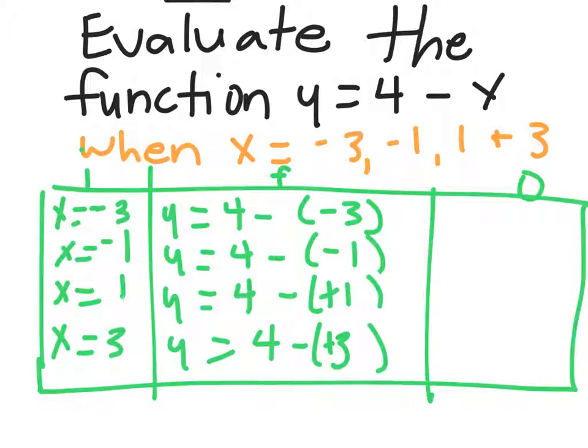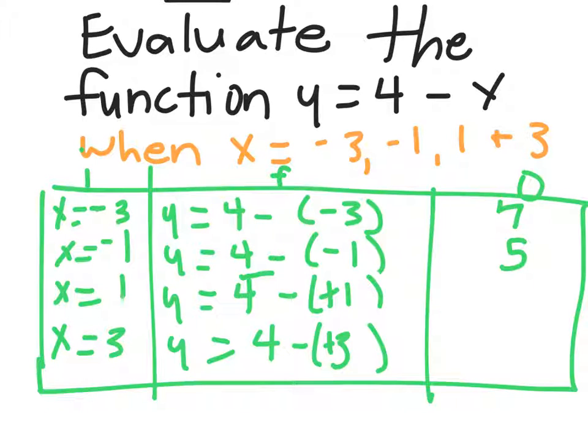So it turns out it's going to be 4 plus 3. That would be 7. Here we have 4 minus -1. Opposite of -1 is going to be plus 1, so that answer is going to be 5.